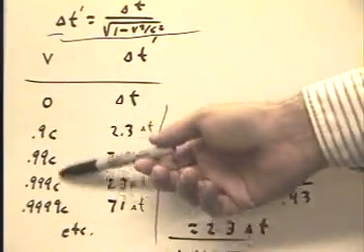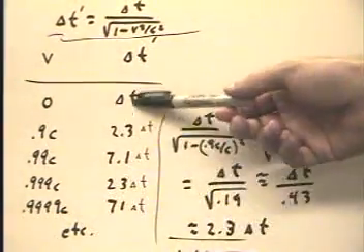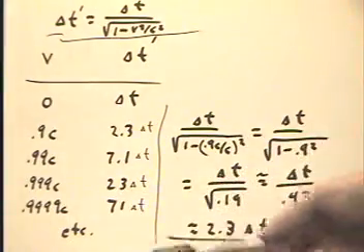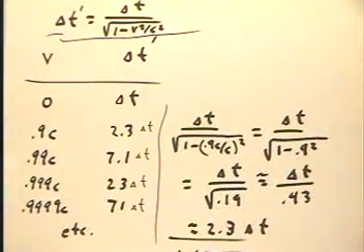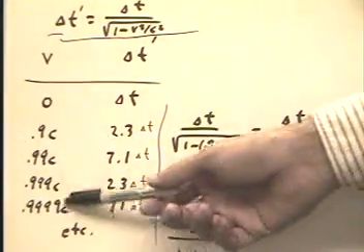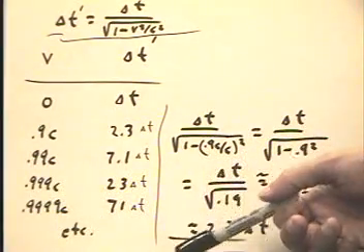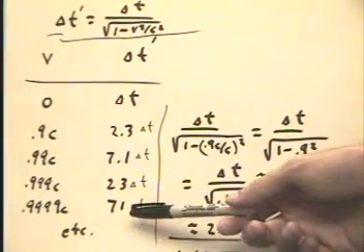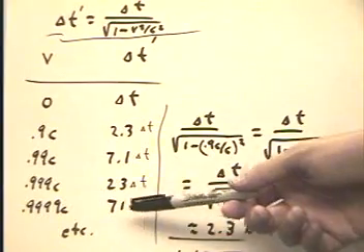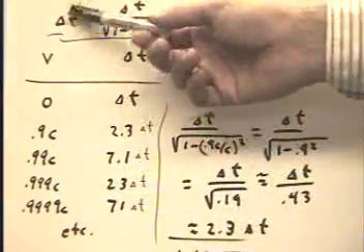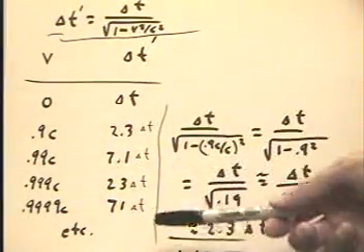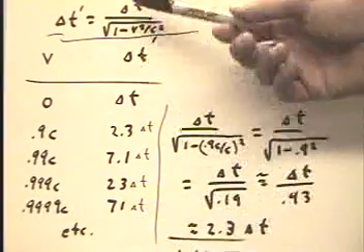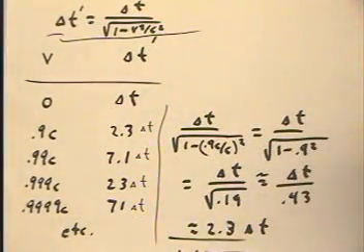We see that as we get closer and closer to c, this multiple gets greater and greater. If we're within 1/10,000th of the speed of light, off by just a 10,000th, then we're going to have 71 delta t. That means that the time intervals that we measure, the delta t primes, will be 71 times as long as the delta t's measured in the lab.